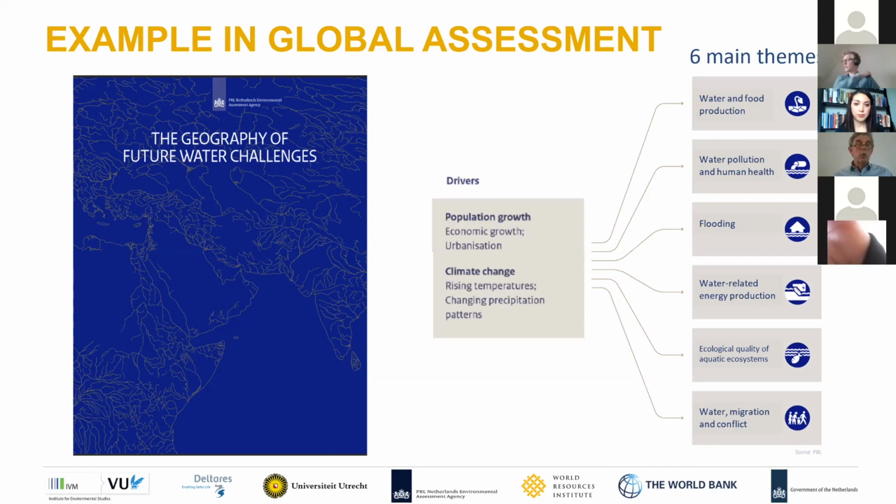So I would like to share with you the example of the Geography of Future Water Challenges we published in 2018. Within that, we had 6 main themes: water and food production, water pollution, human health, flooding, water-related energy production, ecological quality of aquatic ecosystems, and the relation between water, migration and conflict.